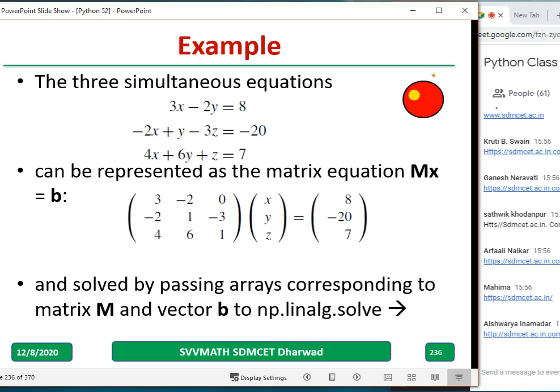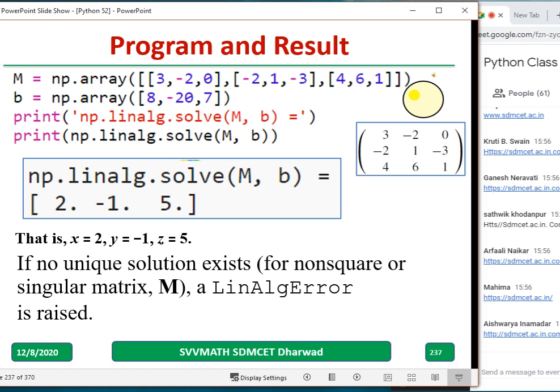Let me go to the next. In this program I am taking an np array 3, -2, 0; -2, 1, -3; 4, 6, 1, the same matrix that we had, and B as 8, -2, 7. I am making use of np.linalg.solve.